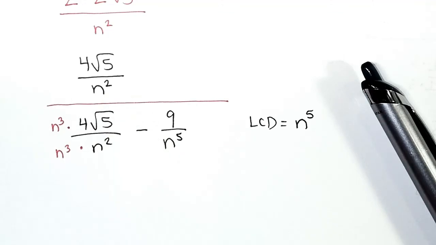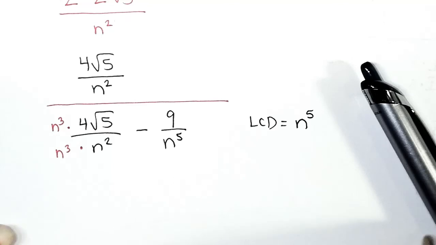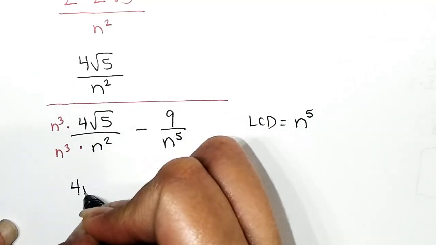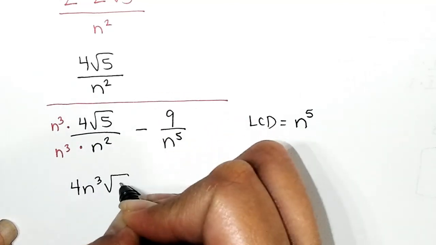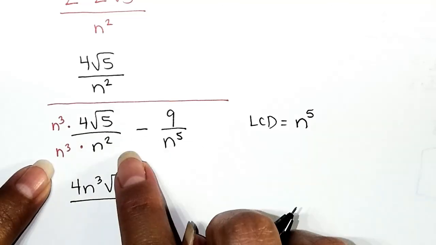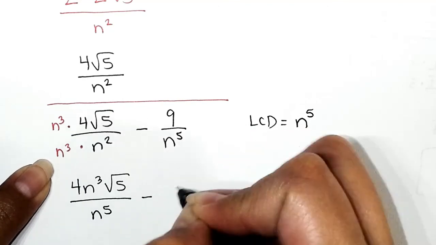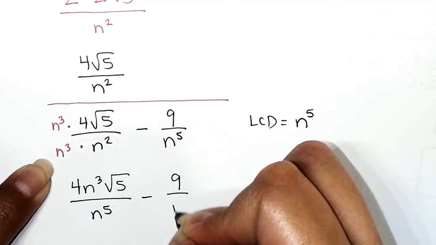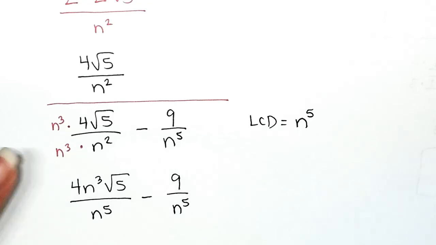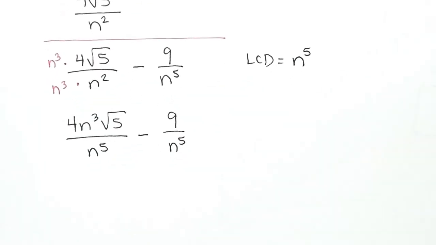Let's clean this up. Product of n cubed, 4, and the square root of 5 will give us 4 n cubed square root of 5, and that's all over n cubed times n squared, which will give us n to the 5th. Bring down the rest of the problem, minus 9 over n to the 5th. Thanks to our hard work, the denominators are the same, so let's proceed to subtract.